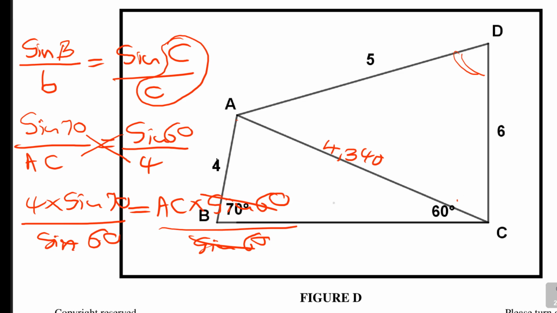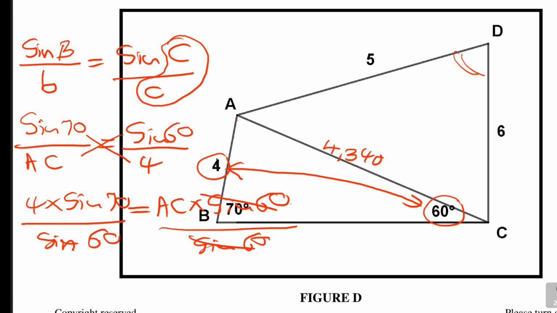Once you get an angle and a side, you must know I must do the sine rule. Usually, if you see 2 questions like that, one is 2 marks, the other one is 3 marks, chances are one will be the sine rule and the other will be the cosine rule. You understand?